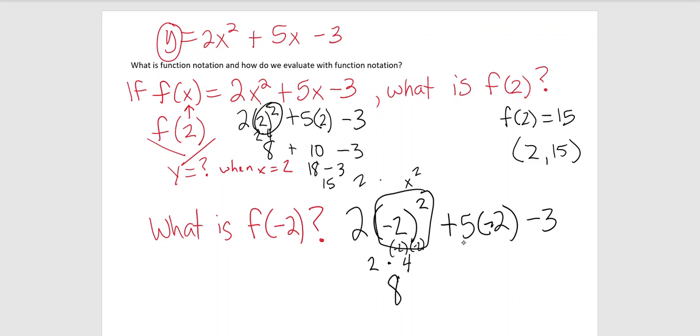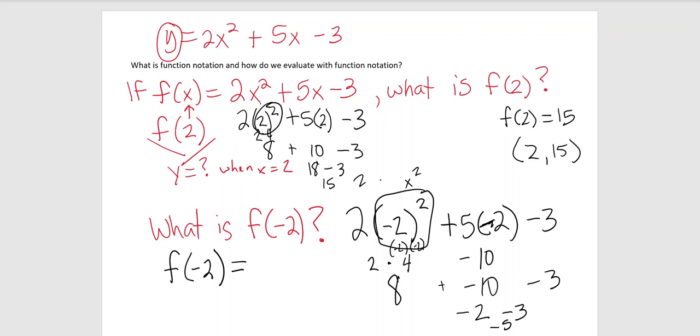And then 8 plus 5 times negative 2 is negative 10. So we have 8 plus negative 10 minus 3. 8 plus negative 10, going from left to right, is negative 2. And negative 2 minus 3 is negative 5. So by substituting negative 2 for x, we get an answer of negative 5. So f of negative 2 is equal to negative 5.